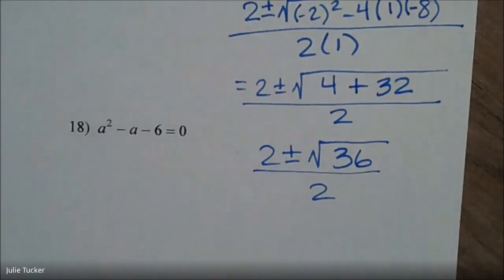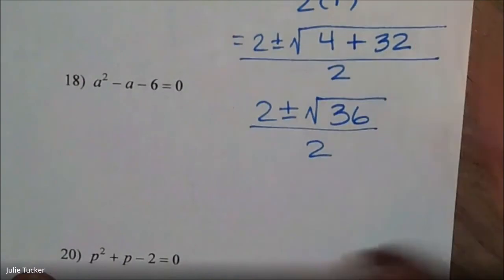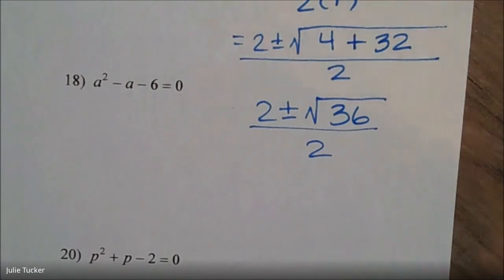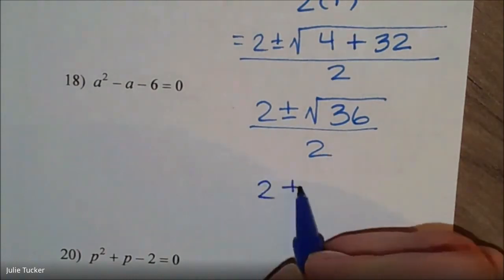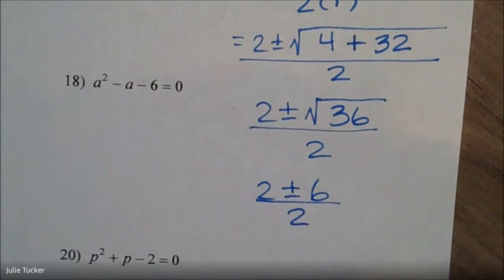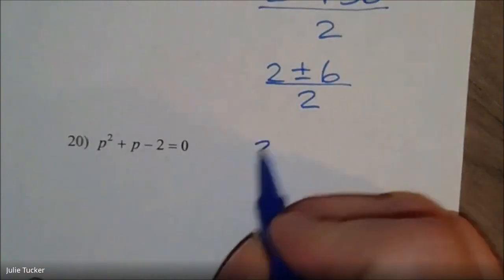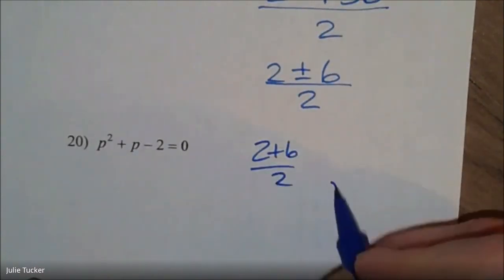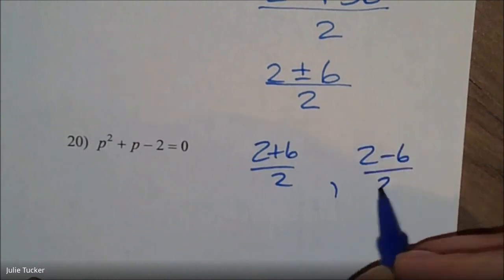So now tell me, do you know what number times itself equals 36? Nice job. So the square root of 36 is 6. So now we write 2 plus or minus 6 over 2. Almost done. So this means 2 plus 6 over 2 and 2 minus 6 over 2.